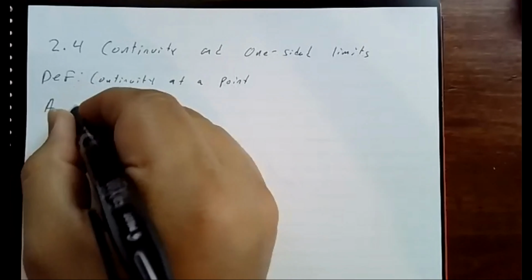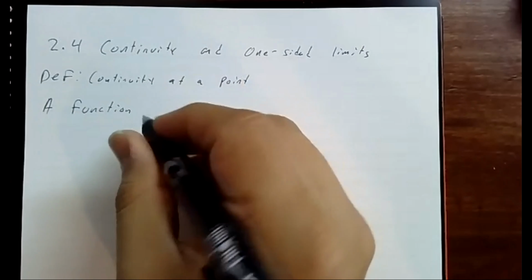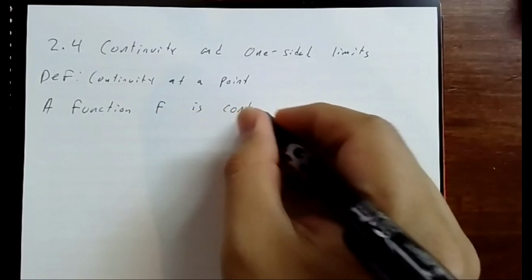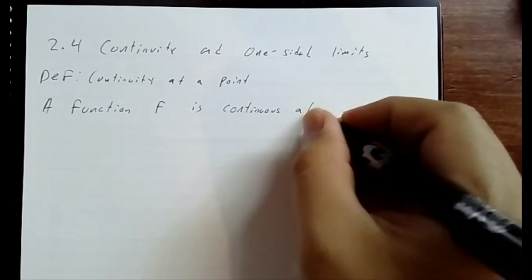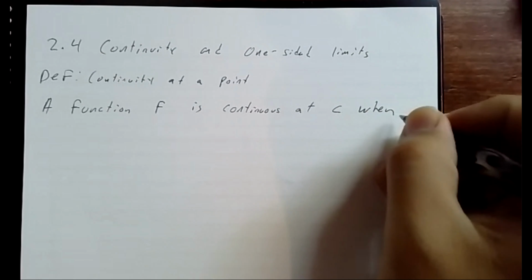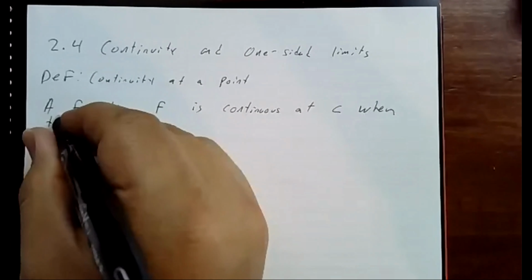A function f is continuous at C when these three conditions are met. So all three need to be met.